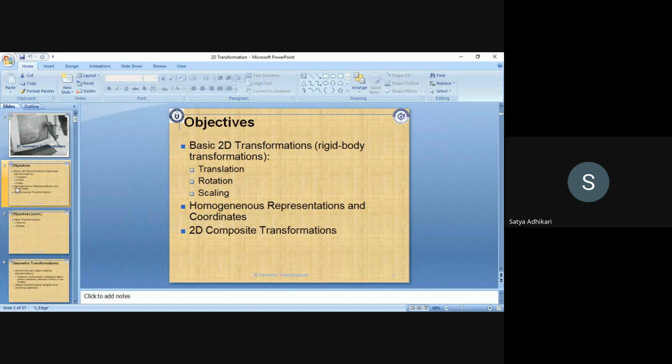We'll discuss here translation, rotation, scaling, and homogeneous representation and coordinates. What is the homogeneous representation? And 2D composite transformation. That is, a transformation can be composite: you can perform various transformation techniques in a single image.